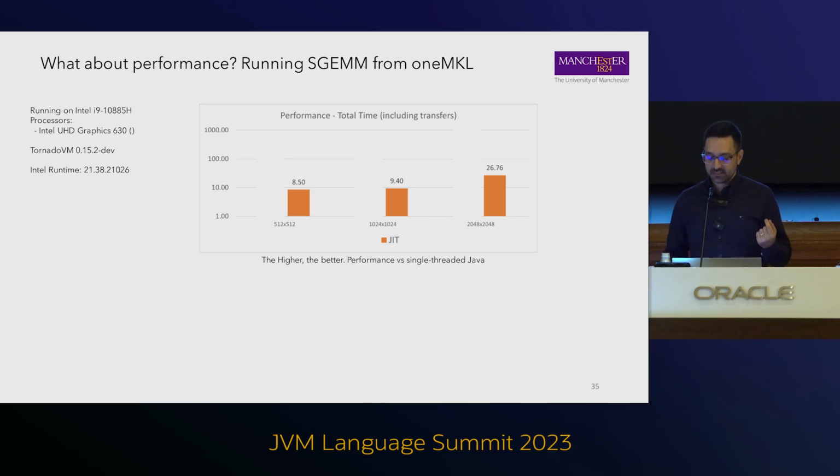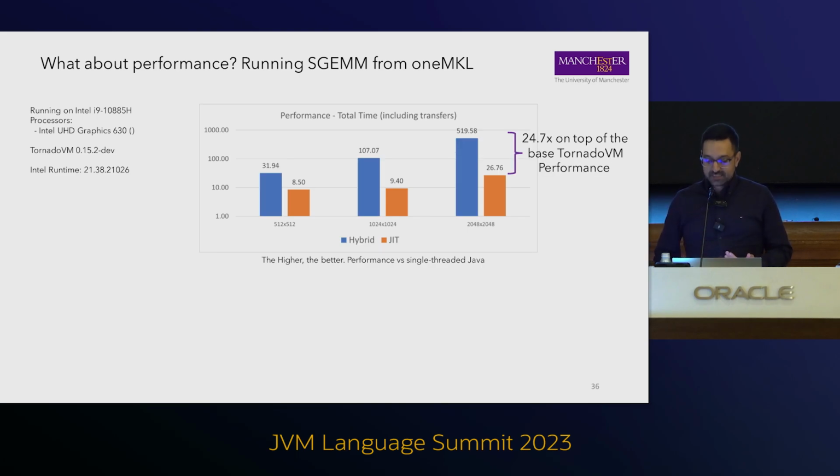So the higher, the better. And as you can see, in Tornado right now, with an Intel integrated graphics, you can get more than 25x performance. Not that bad for an integrated GPU. What if we call the specialized function? Well, instead of 26x performance, we get 500 times faster. So it's a gap of about 24x performance that we are losing if we don't do this, right?